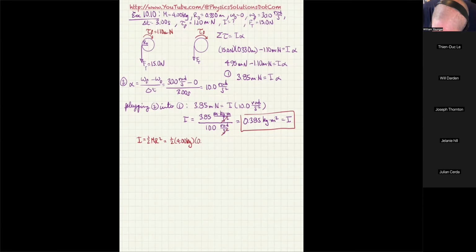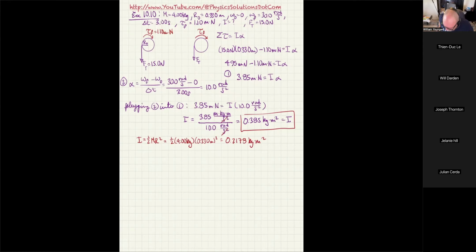And then this is 0.330 meters squared. So 0.5 times 4 times 0.33 times 0.33 gives me 0.2178 kilograms meters squared. So it's on the same order of magnitude.